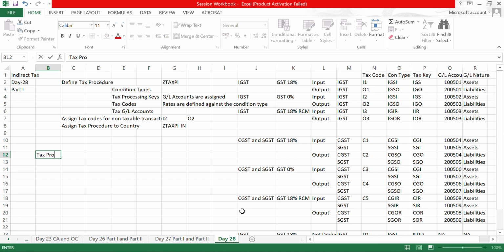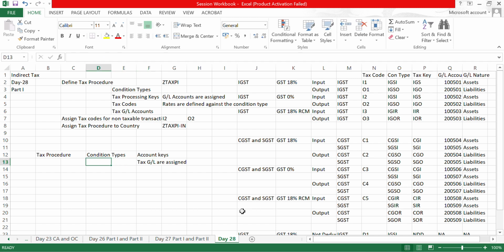We have a tax procedure. In this tax procedure, we assign condition types. Against the condition type, we have account keys. Against the account keys, tax GLs are assigned.